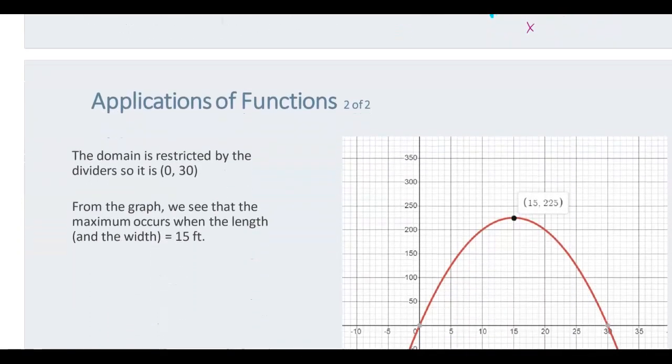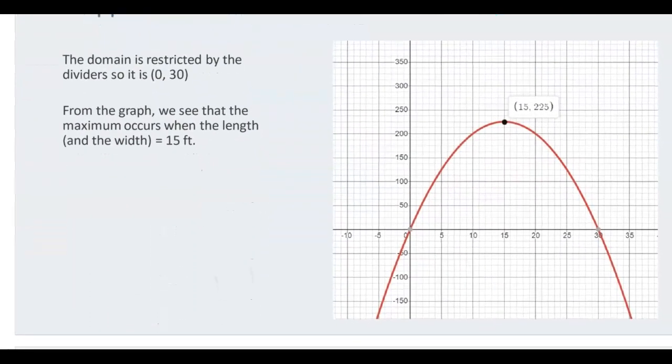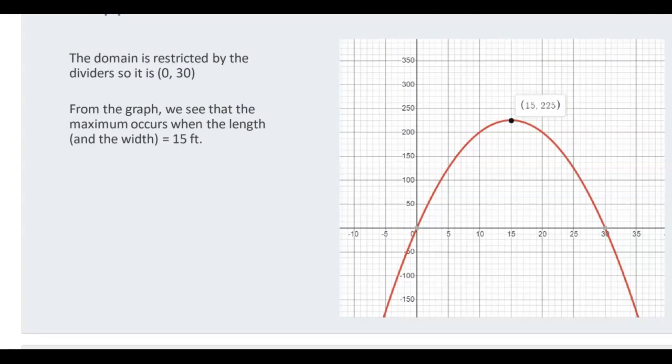If we go ahead and graph that in Desmos, x is going to be the width of the rectangle, and y is going to be the area, the total area, right?